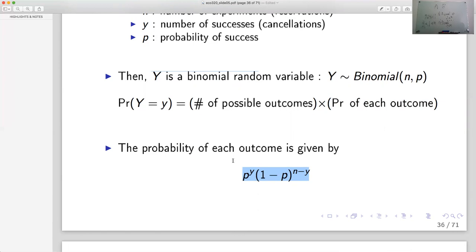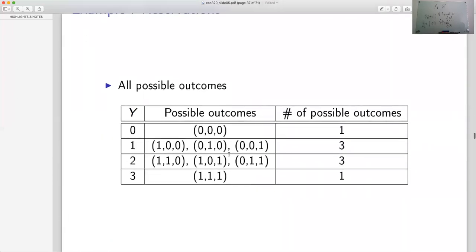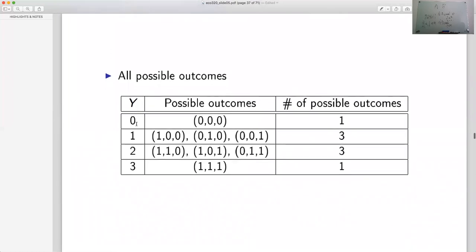How about the number of possible outcomes? These are some of the examples. When y equals 0, the only possible outcome would be 0, 0, 0. But if y equals 1, or the number of cancellations is 1, it's going to be 1, 0, 0, or 0, 1, 0, or 0, 0, 1, so 3. If y equals 2, it's going to be 3.